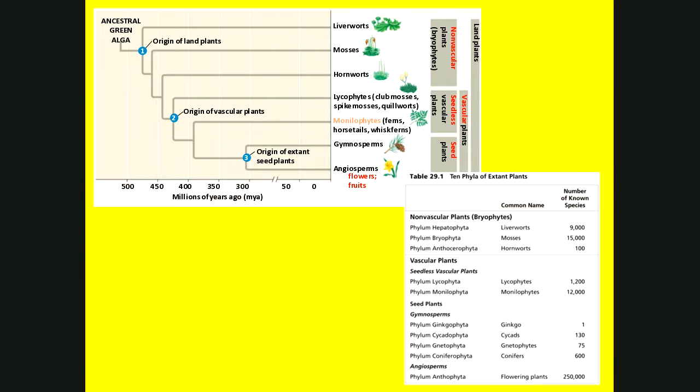Monilophytes, ferns, and horsetails shared a common ancestor with seed plants right about there, about 380 million years ago, whereas they shared a common ancestor with the other seedless plants somewhere around 415 million years ago. So ferns are actually more closely related to seed plants than they are to those other seedless plants that we've been talking about all along.